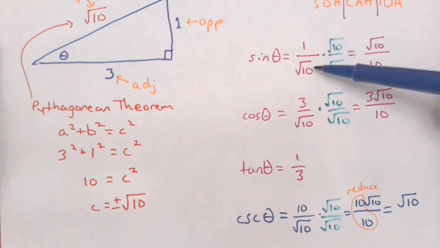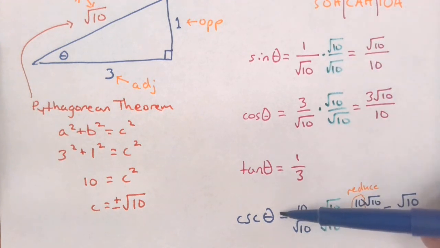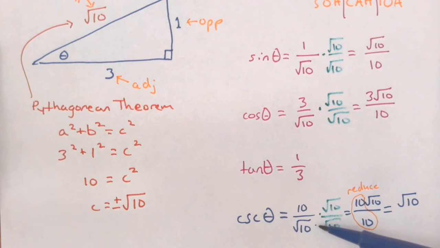If you looked at 1 divided by the square root of 10 on your calculator and looked at that decimal, and then you looked at the square root of 10 over 10, that's the exact same number, just written in a better form. So actually, I could take either one of these pink fractions and flip either one of them over to get cosecant. If I take my final answer and flip it over, I'm going to be taking this square root of 10 and flipping it to the bottom, which is fine.